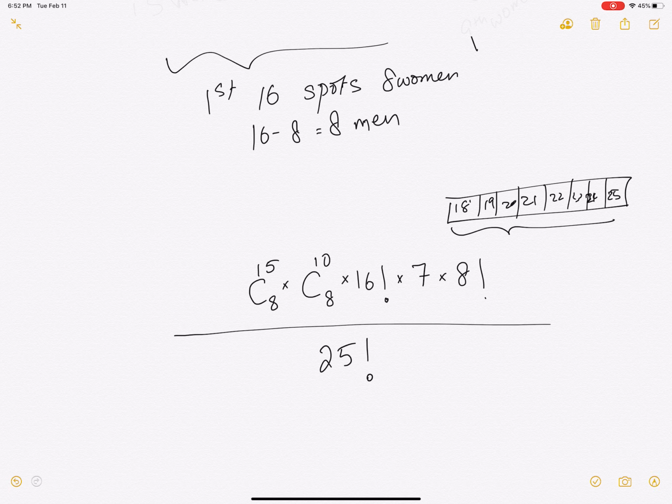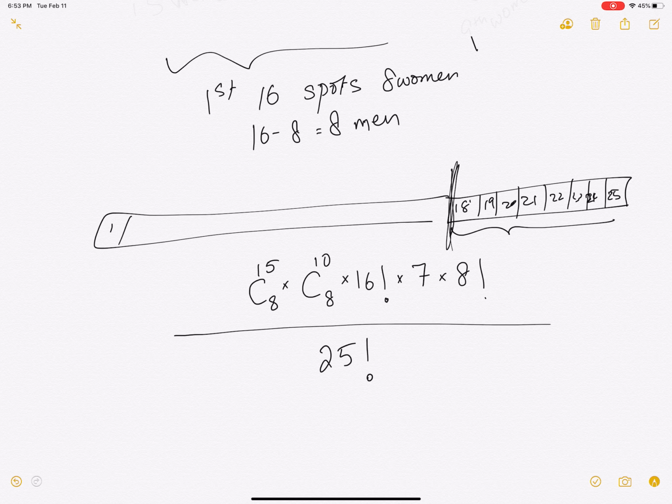You can see from the previous video, we had this 8 factorial in the denominator of the denominator. Exactly, when you flip the denominator over, it would come over here. So it's exactly the same answer. But in this situation, we looked at orderings all the way from spot 1 through spot 25, whereas in the previous situation, I said let's not worry about what goes on from spot 18 to 25.